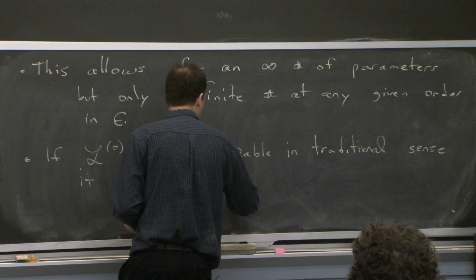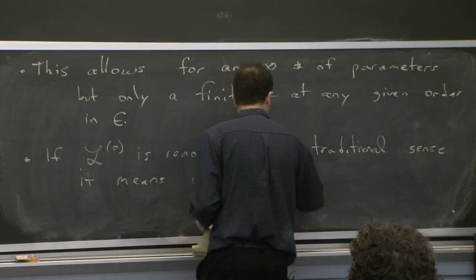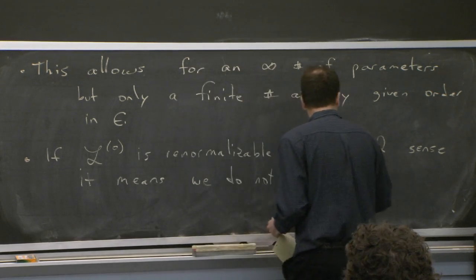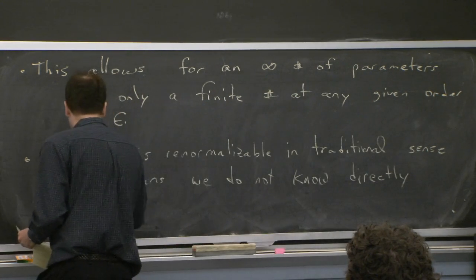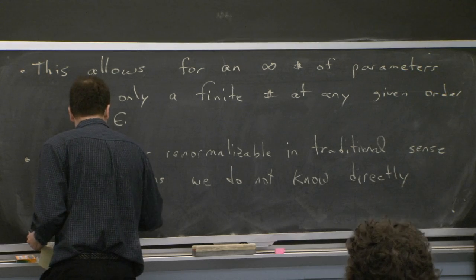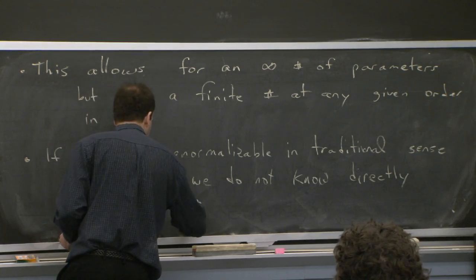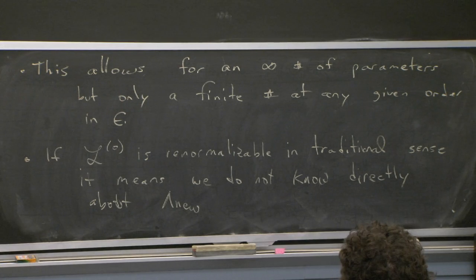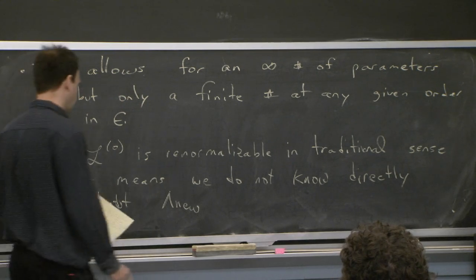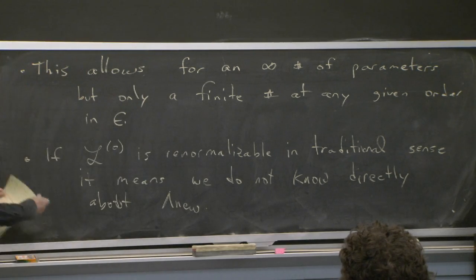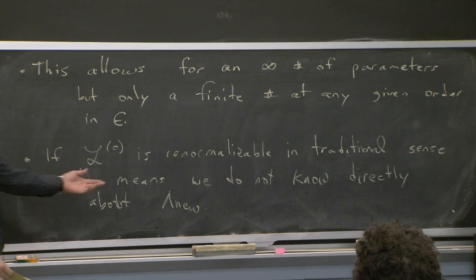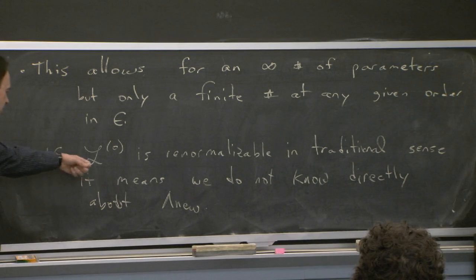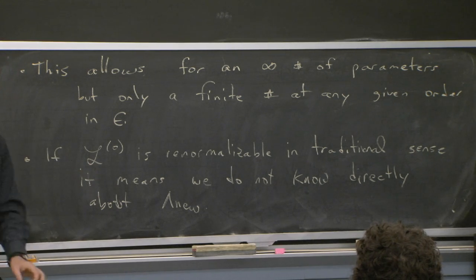So we do not know directly about lambda nu from just looking at L0. And that's what happens in the Standard Model. We don't really know precisely what the high energy scale should be just from studying the leading order Lagrangian. This will not always be the case.